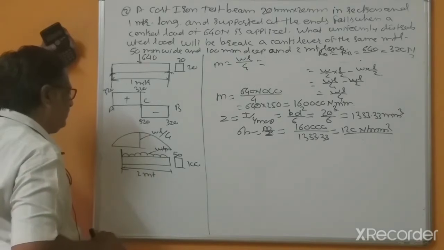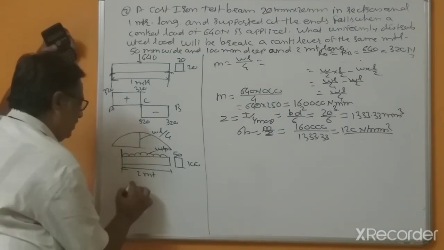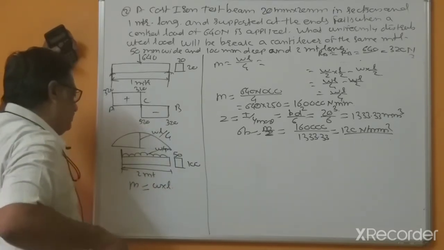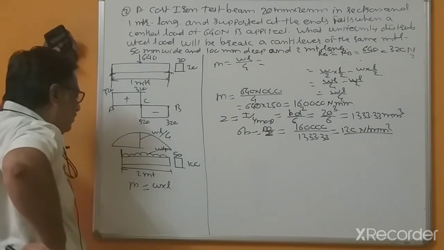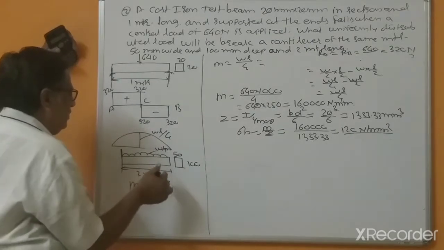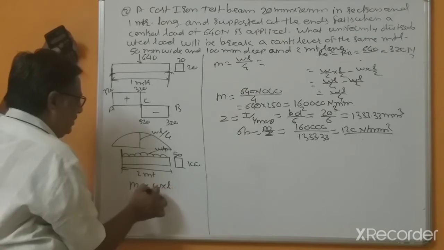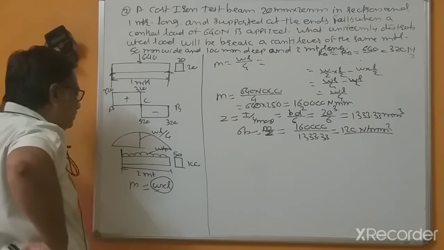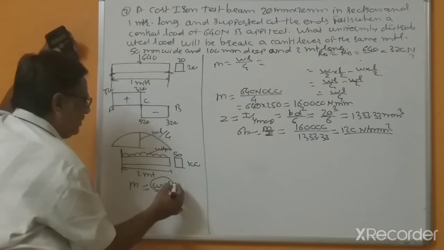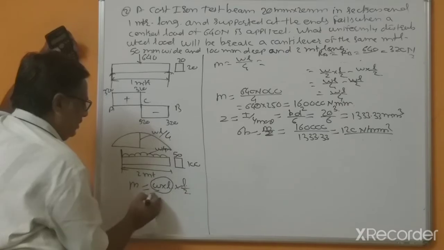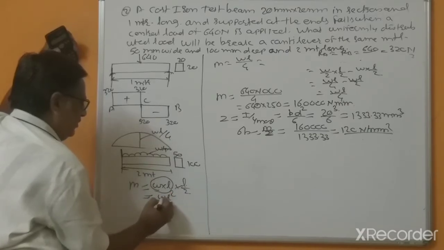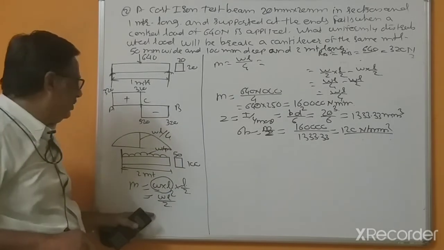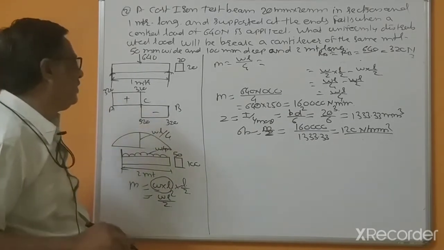So that's why moment equal to W into length. So this is W into length, this is shear force, and it is L by 2. So WL squared divided by 2. This is the basic formula for moment.